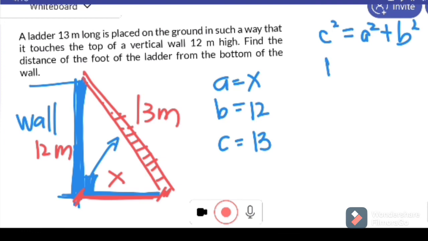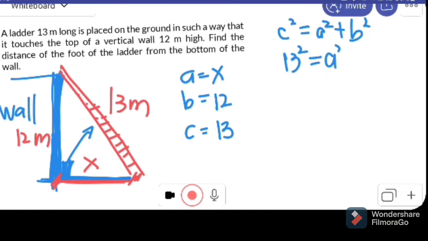C squared is equal to 13 squared, and a is missing. So a squared plus b squared is 12 squared. So 13 squared is 169 is equal to a squared plus 12 squared, which is 144.